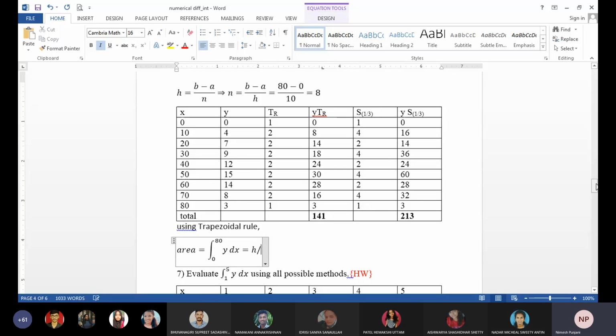Okay. So formula for trapezoidal rule is h by 2 summation YTR. h कितना था मेरा? h था 10. 10 divided by 2 multiplied by 141.